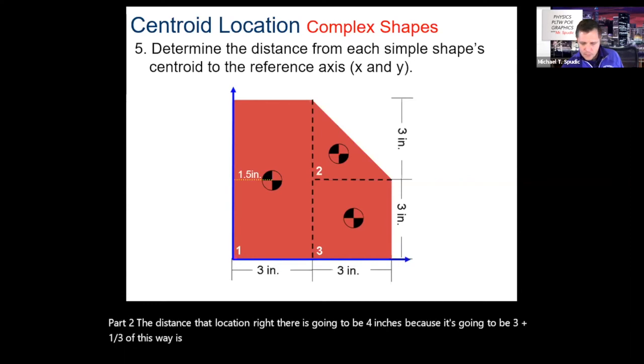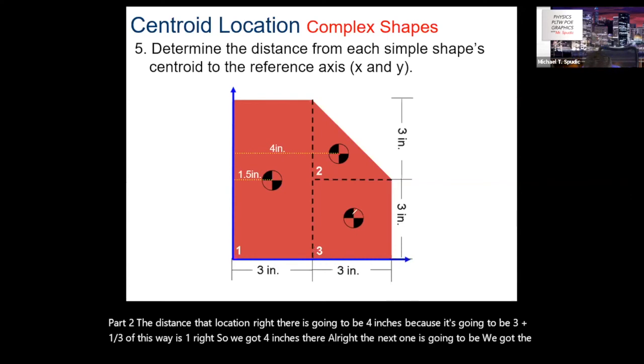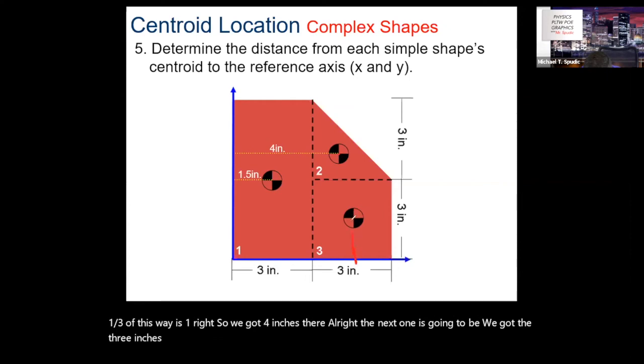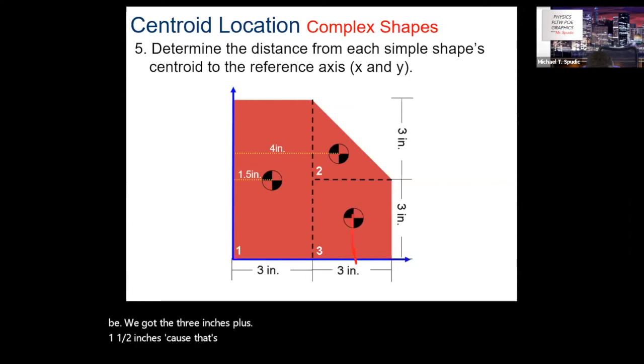So we got 4 inches there. The next one, we got the 3 inches plus 1.5 inches because that's halfway down, so that's going to be 4.5. There we go. So those are our X values.